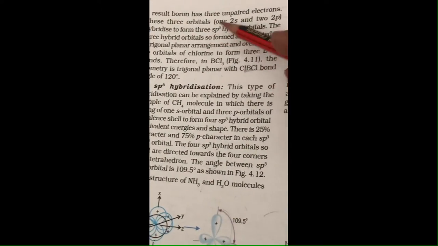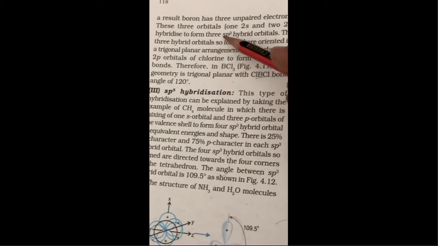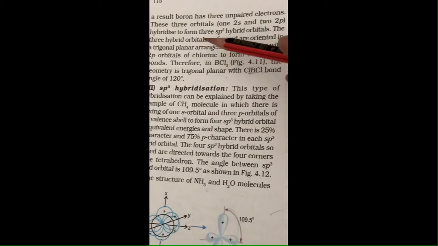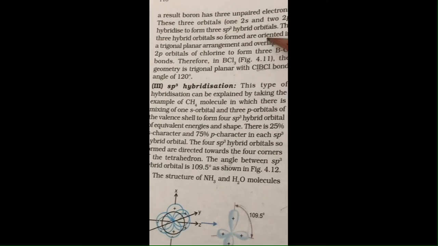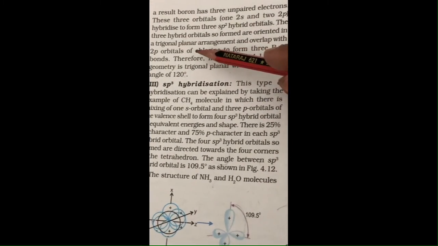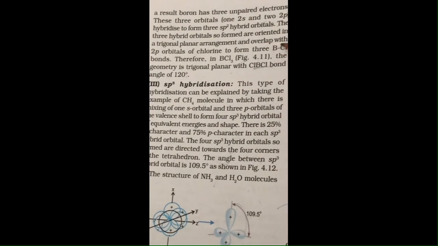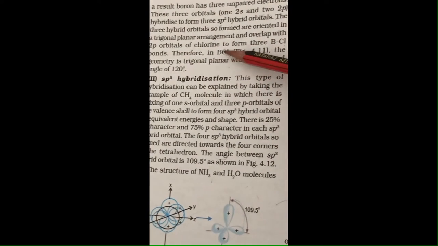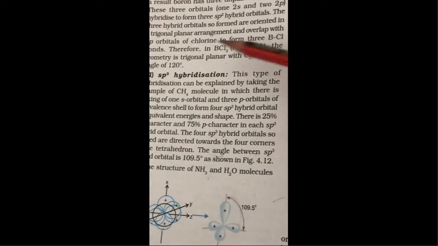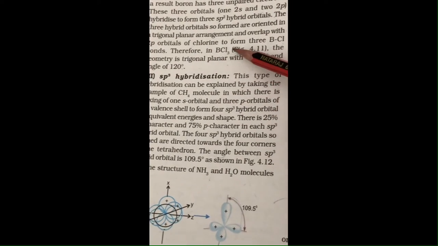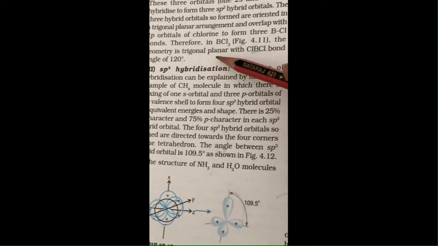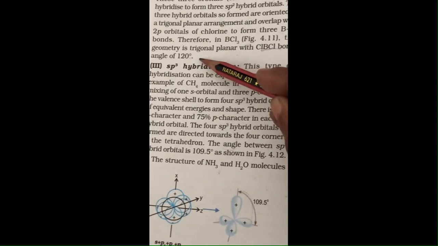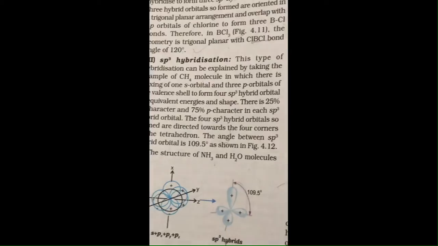These 3 orbitals hybridize to form 3 sp2 hybrid orbitals, and the 3 hybrid orbitals so formed are oriented in a trigonal planar arrangement and overlap with the 2p orbital of chlorine to form 3 B-Cl bonds. Therefore, in the BCl3 molecule, the geometry is trigonal planar with a Cl-B-Cl bond angle of 120 degrees. Clear?